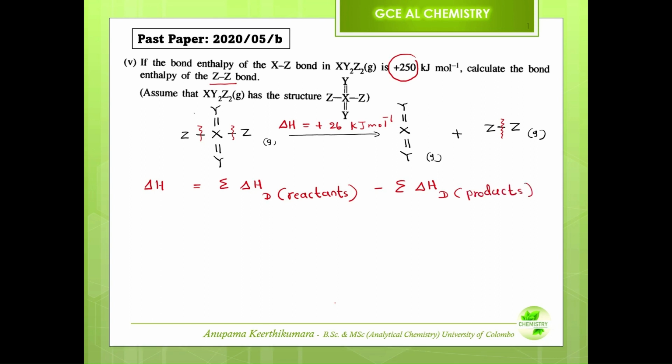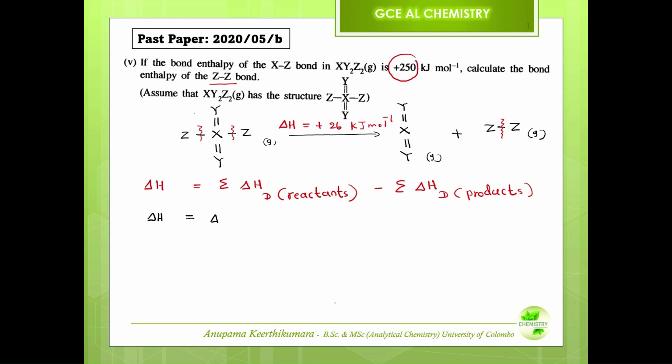Or else we can draw a thermochemical cycle and using Hess's law we can calculate this delta H. It's another method. But today I will use this method to get the answer. Now we can specify these bonds. Delta H equals reactants. Now we will see the types of the bonds we have to break.